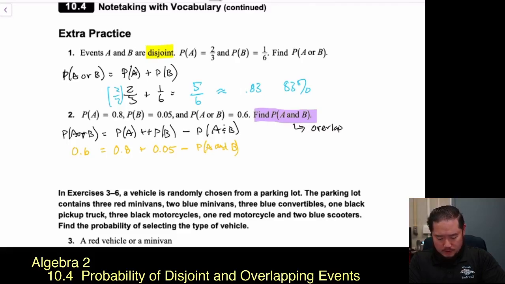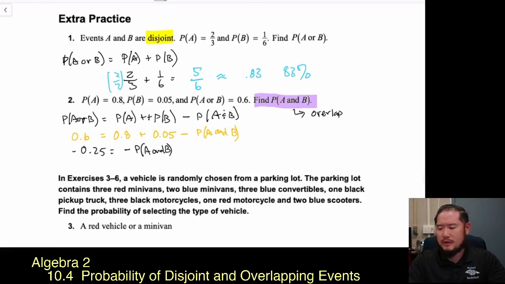All right, so if we take 0.6, and let's subtract 0.8 from both sides, and then also subtract 0.05 from both sides, what I see here happens to be negative 0.25 is equal to the negative probability of A and B. So the last thing we have to do algebraically is divide both sides by negative 1.